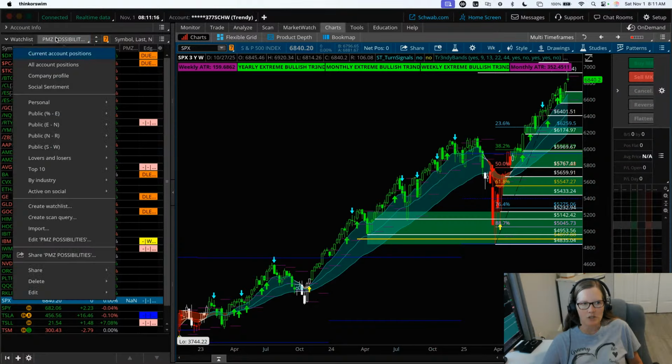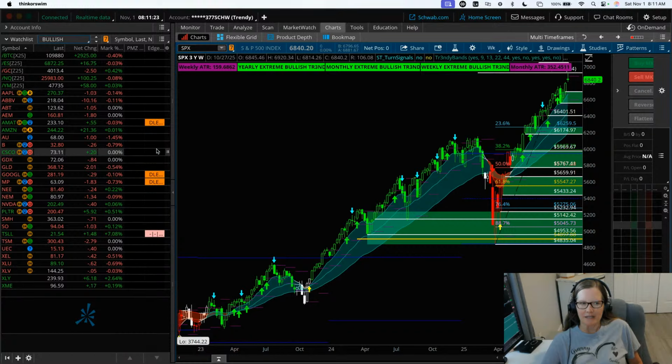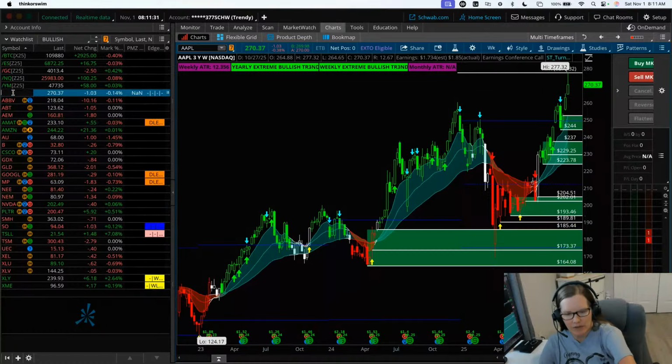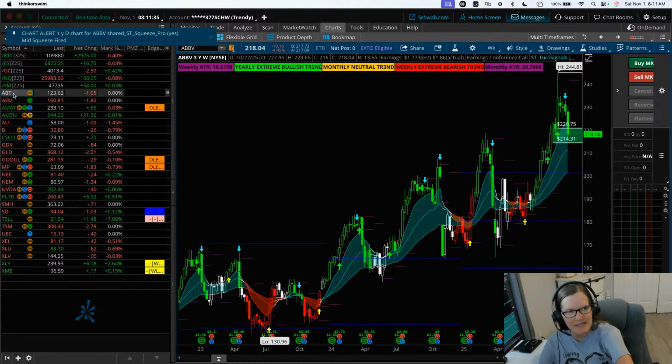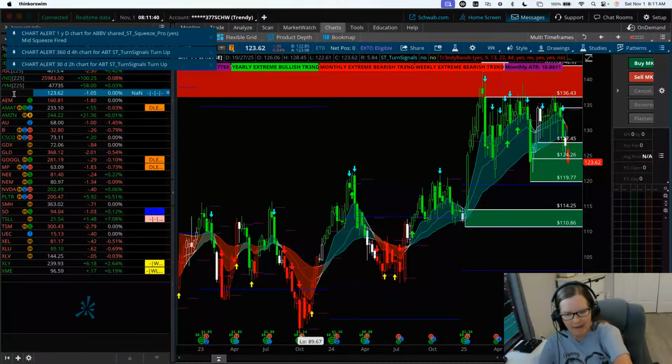Now, I have a watch list column that I label bullish, and I am focused on bullish setups because the overall market is in a bullish trend. I put names on here every week, and we're going to go ahead and clear this out. Now, anything above where Apple was at, that's just futures that I like to have on this list.